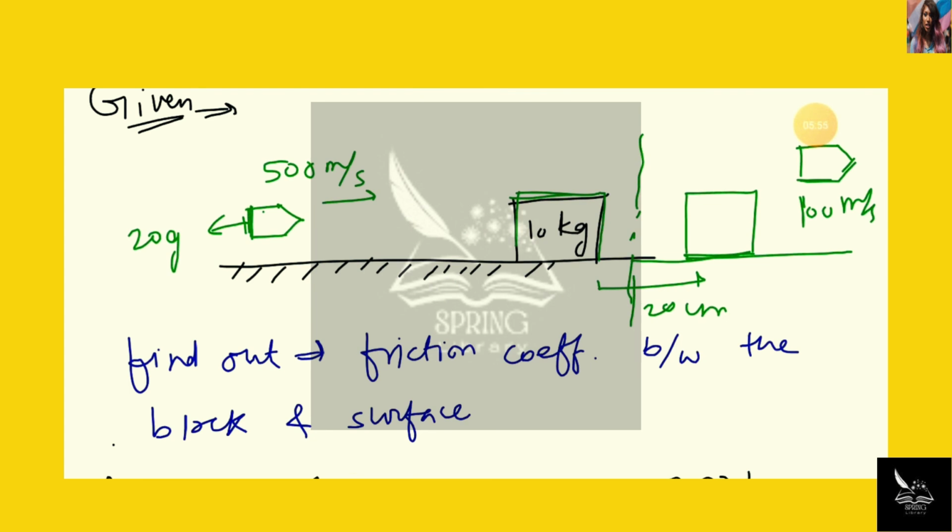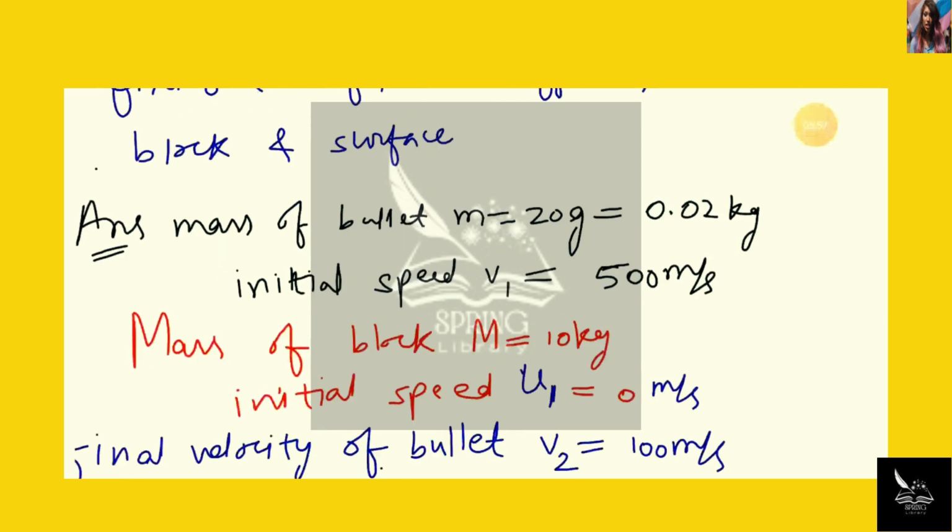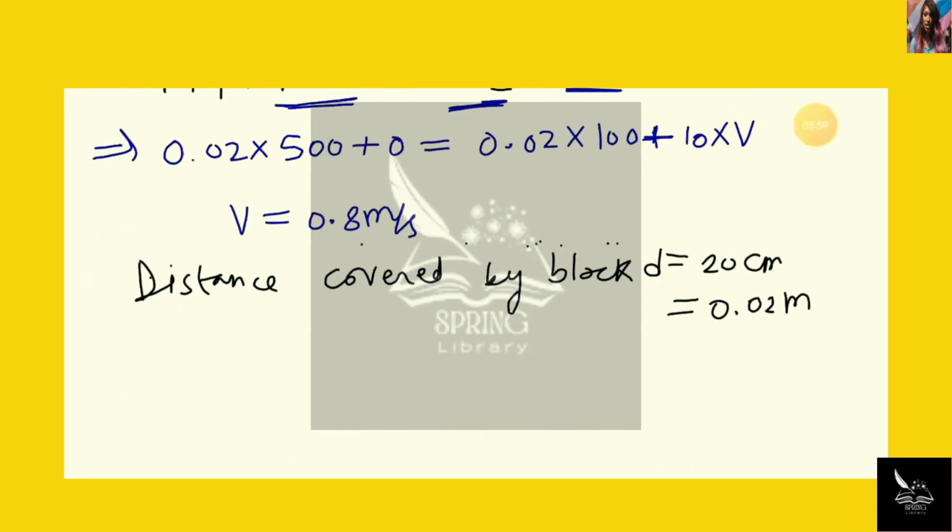So here I have written this data, d is equal to 20 centimeter, and now simplify it by using another law, that is conservation of energy. Here I am applying this conservation of energy for the block.